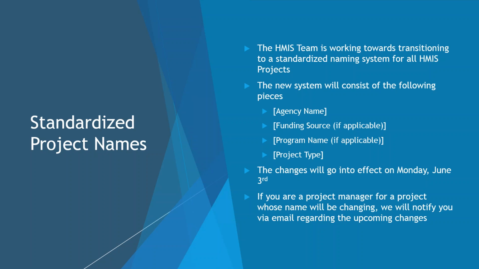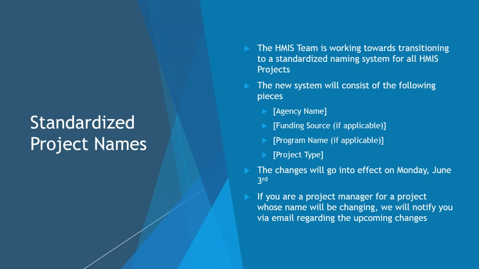That will help you identify what type of project it is, so you know by looking at the project whether the client was staying in a shelter during that time or if they were just receiving supportive services, or maybe if it's a permanent supportive housing project, those types of things you'll be able to tell by looking at the name.